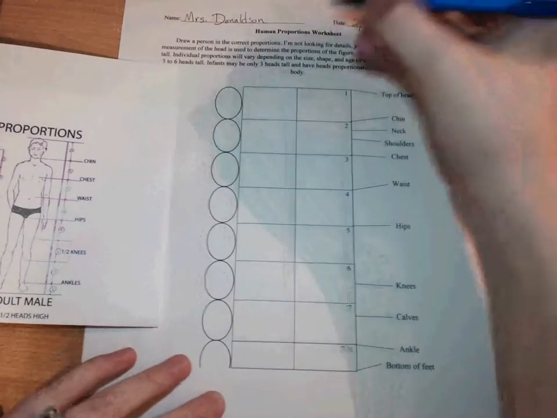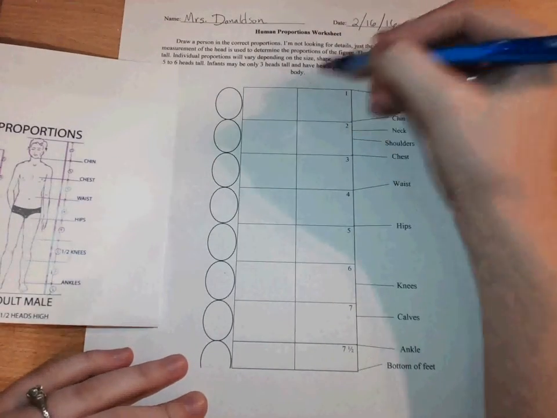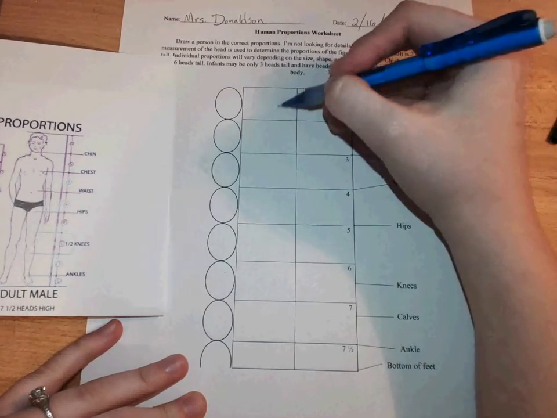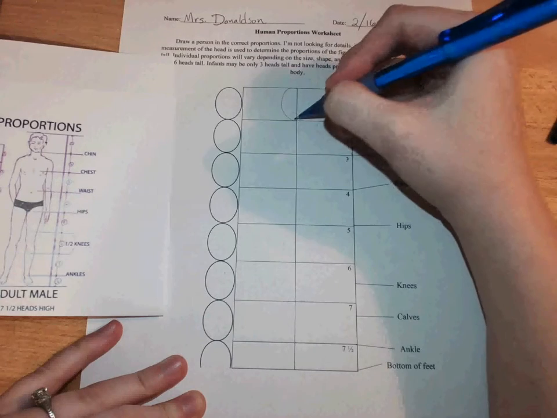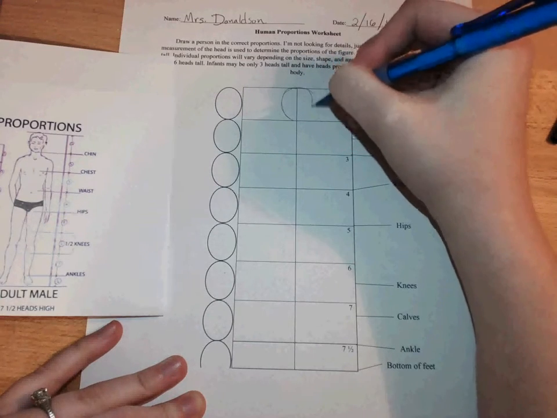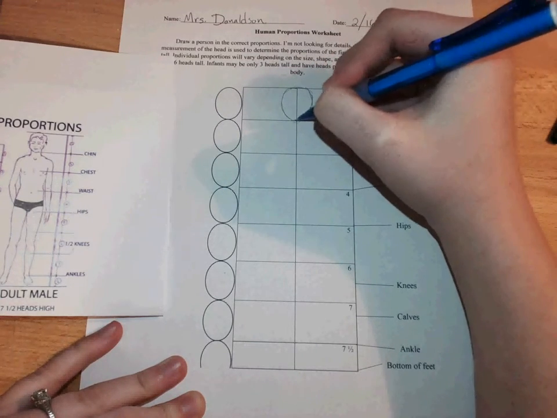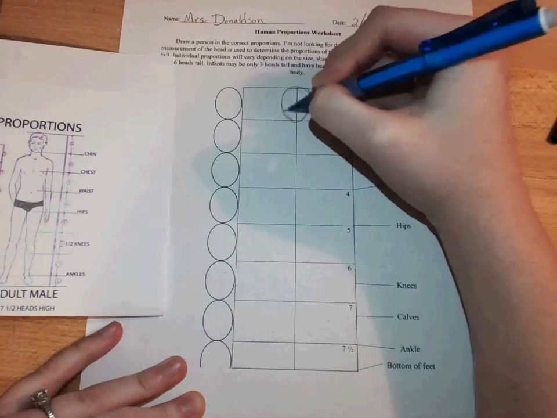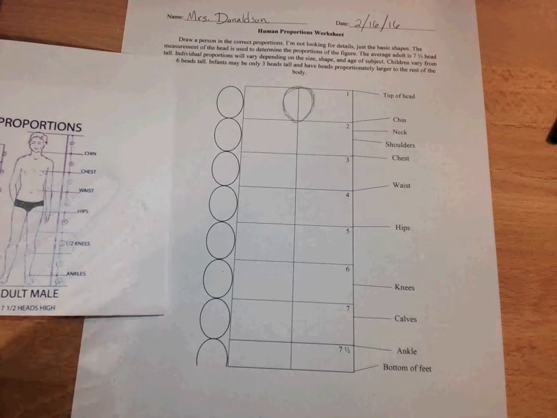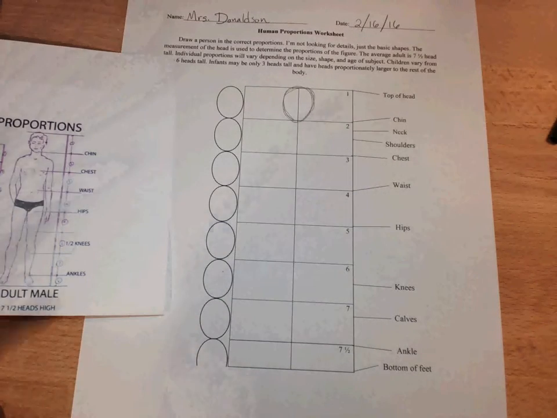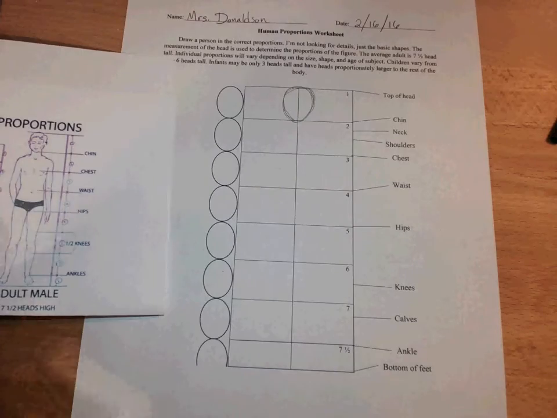Okay, so we're going to start here with the head. The head is just an oval. I have this middle line that's like the base to your person. I'm just doing basic shapes. Do not worry about details. I'm not looking for facial expressions or the hair on the head, just basic proportions.